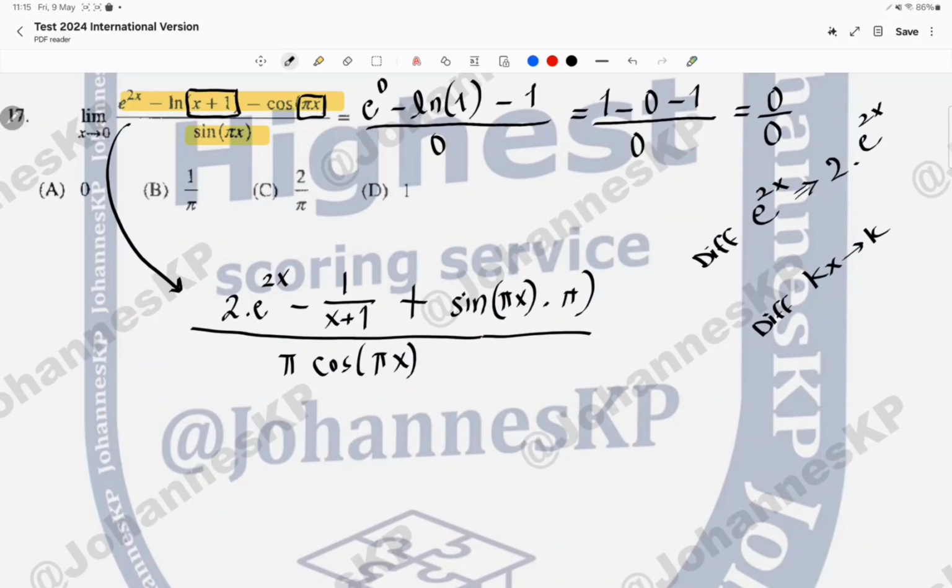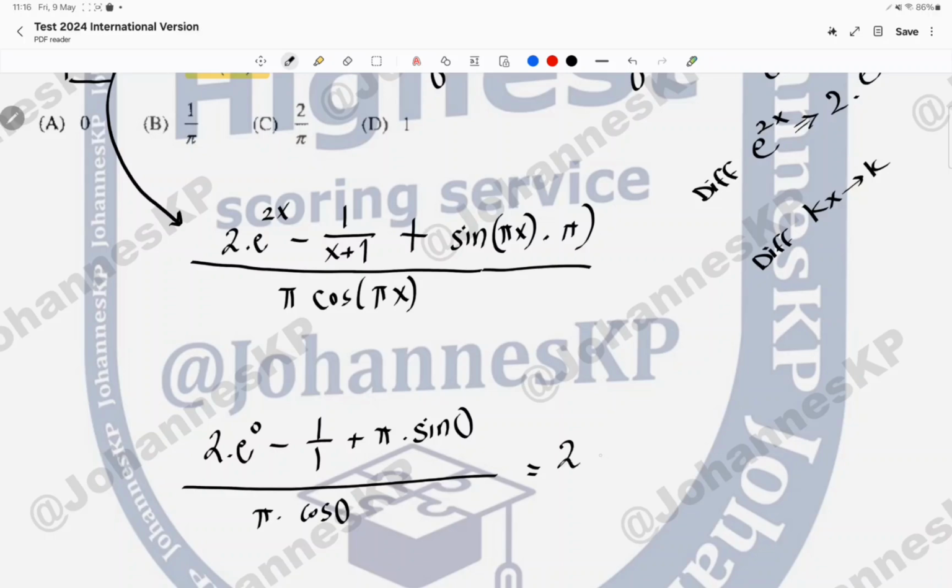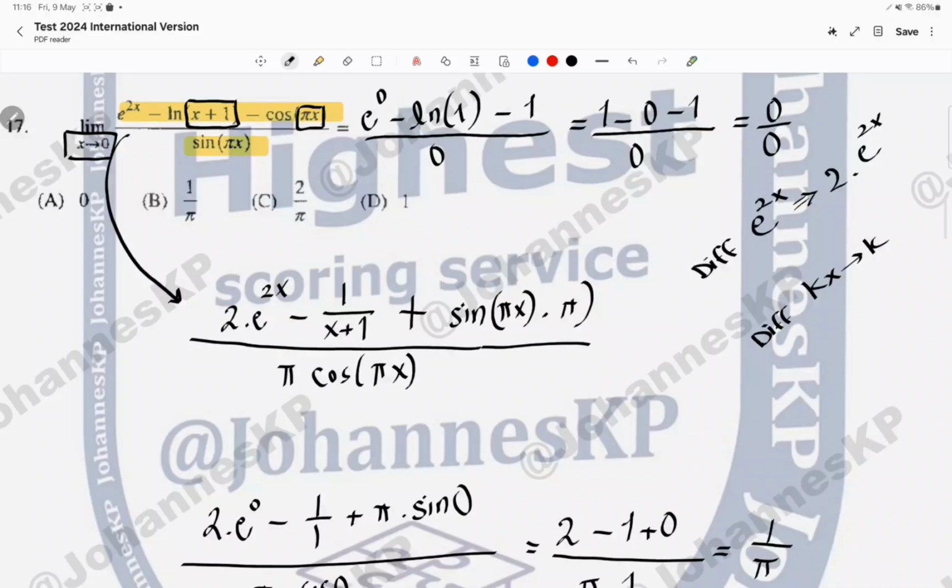So 2e^0 minus 1 over 1 plus pi sine of 0 over pi cosine of 0. So e to the power of 0 is just a 1. So 2 times that is just a 2. 2 minus 1 plus 0, over pi times 1. So 1 over pi is the answer. Okay? Which is B.